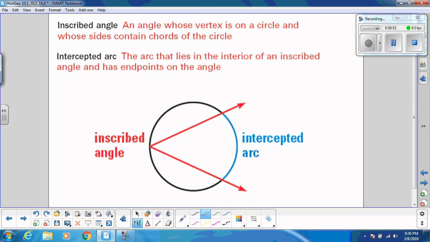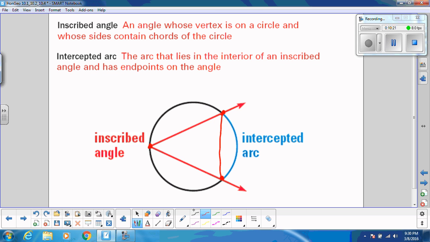Also, you might remember when we were talking about inscribed triangles, like if I put points here, here, and here, and I joined those points. The inscribed triangle is the triangle where all vertices are on the circle. So that might help you with that inscribed angle. Remember the difference between an inscribed angle versus a central angle.